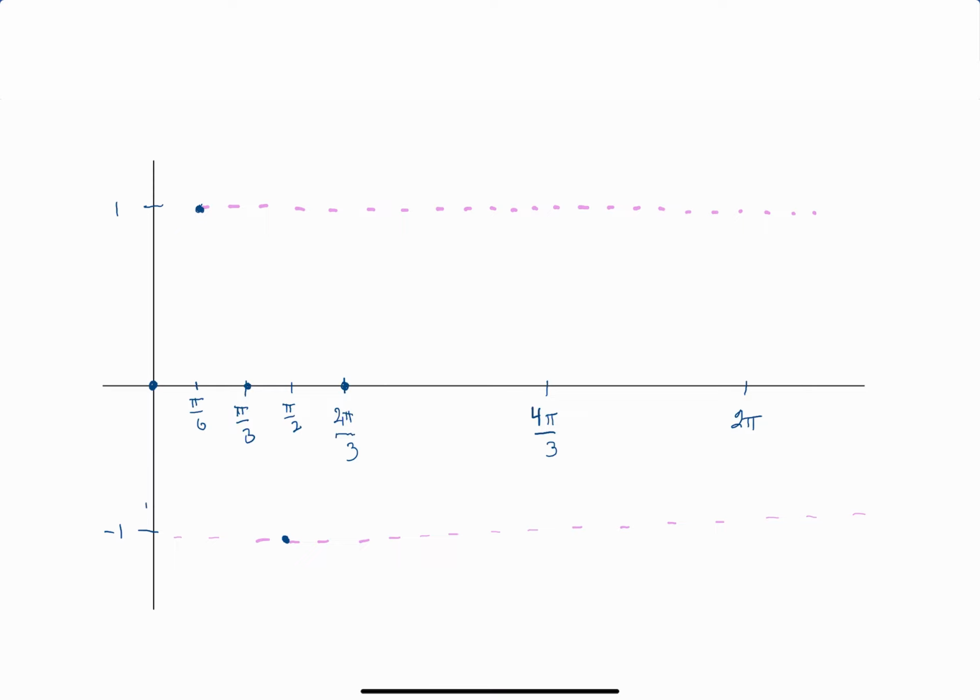And then similar pattern for the next couple of cycles that we need to draw. Let's see, this would be 3 pi over 3, so that's a pi. We've got a peak at, what's that going to be, 5 pi over 6.